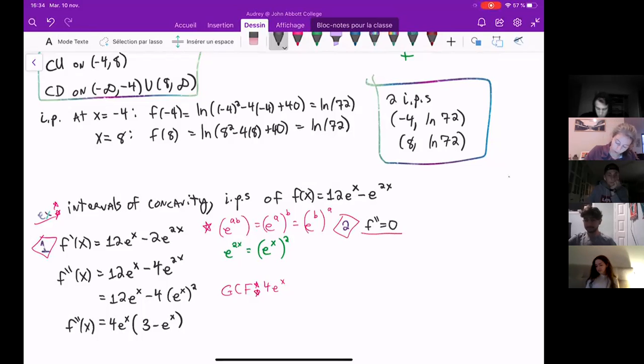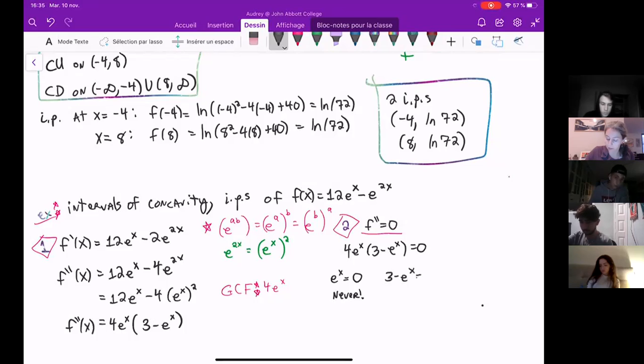So here I have 4 e to the x times 3 minus e to the x is equal to 0. Does e to the x equal 0 ever? No. We saw this actually in one of the problems that we did last class, and we had a big star by it. Remember that e to the x never equals 0. That's something that you should just be comfortable with. So that never happens. This, however, does happen.